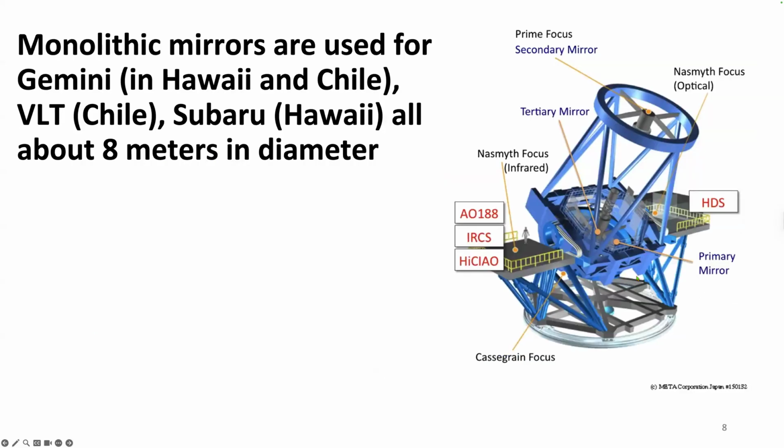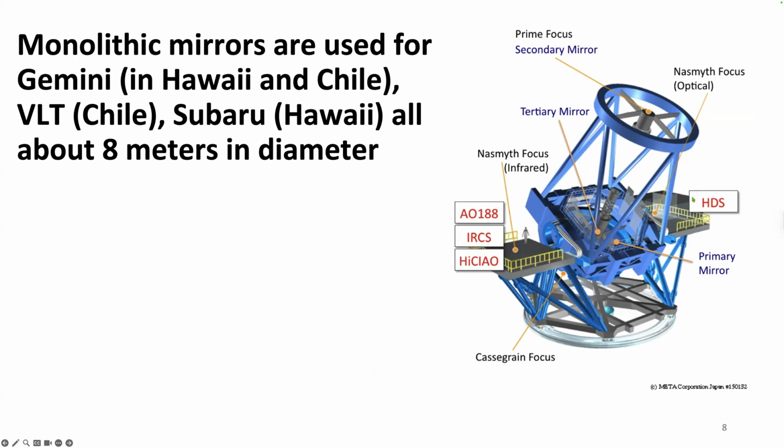So here we have another depiction of one of these giant ground-based telescopes. The primary mirror is here, surrounded by all this structure to hold it in place. The secondary mirror is in this assembly, and that mirror is facing the primary mirror. And when this thing is running, everything is moving.